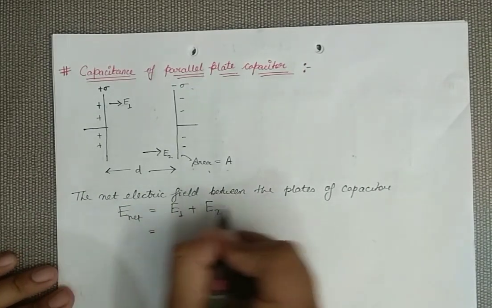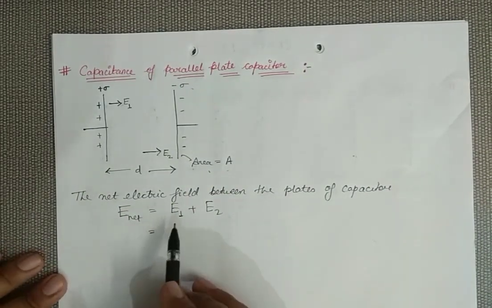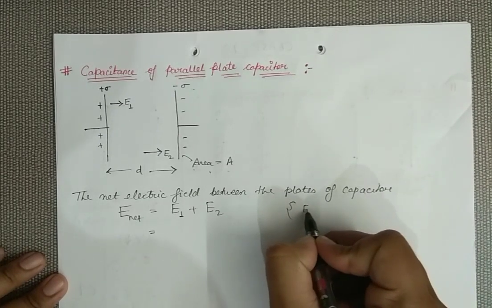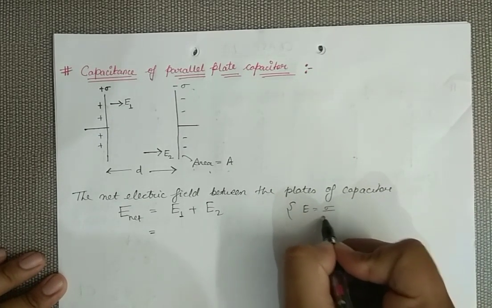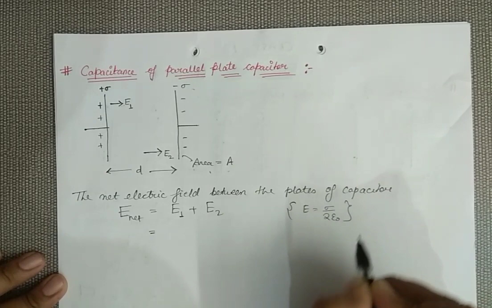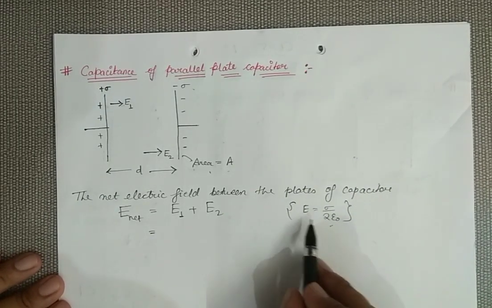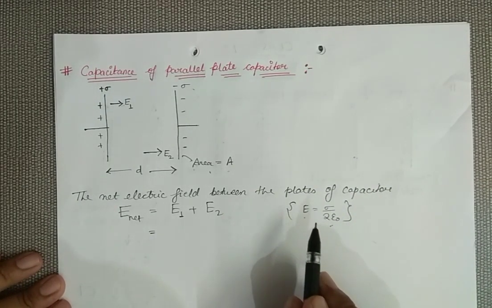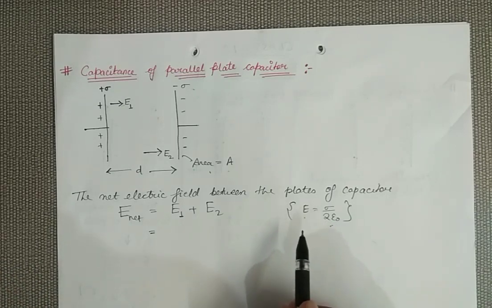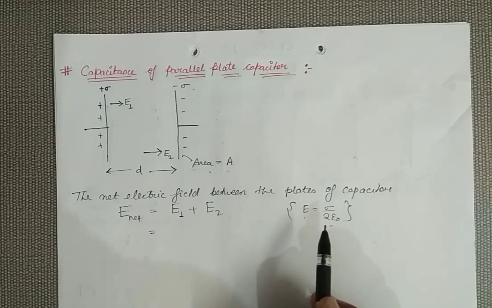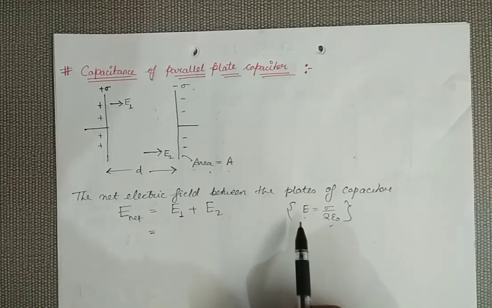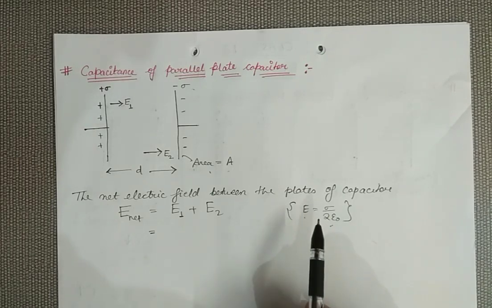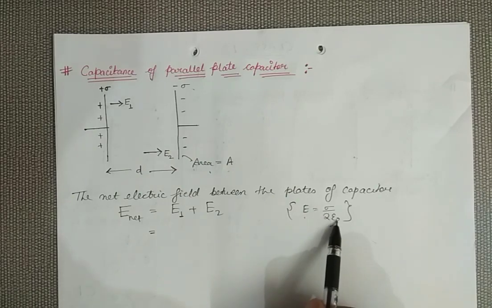Now what is the value of this electric field? Just remember the application of Gauss law, in which we discussed the electric field equals sigma by 2 epsilon naught. If you remember this expression of electric field due to a non-conducting sheet, just go to the previous lectures when we discussed the application of Gauss law, where we came to know that E equals sigma by 2 epsilon.